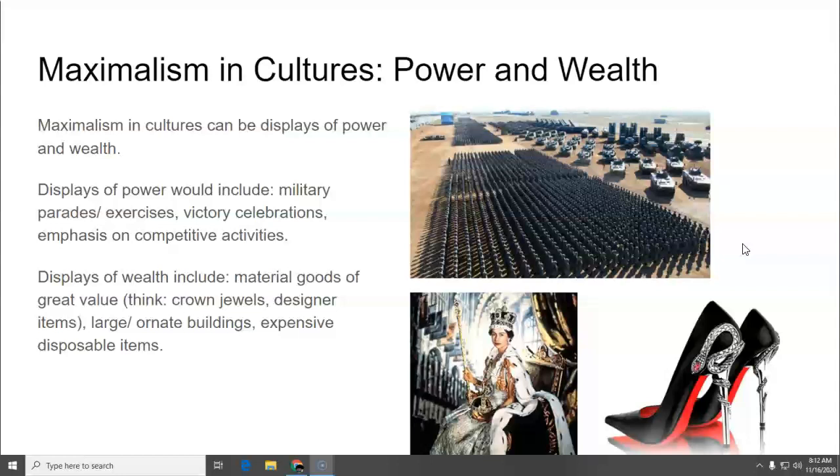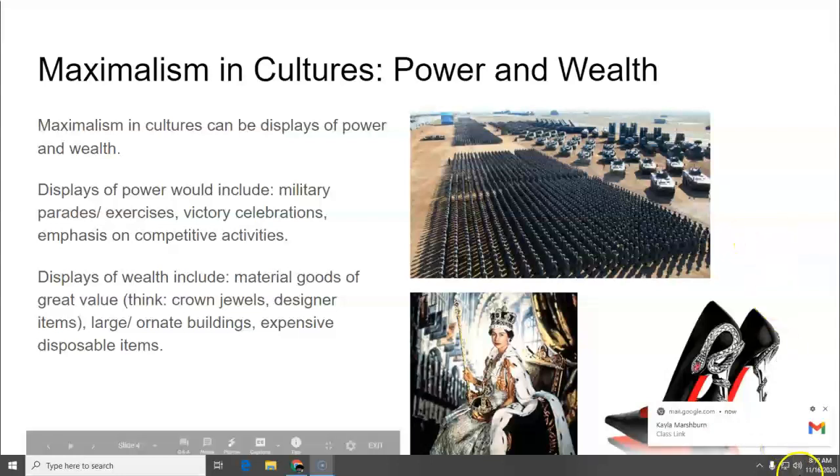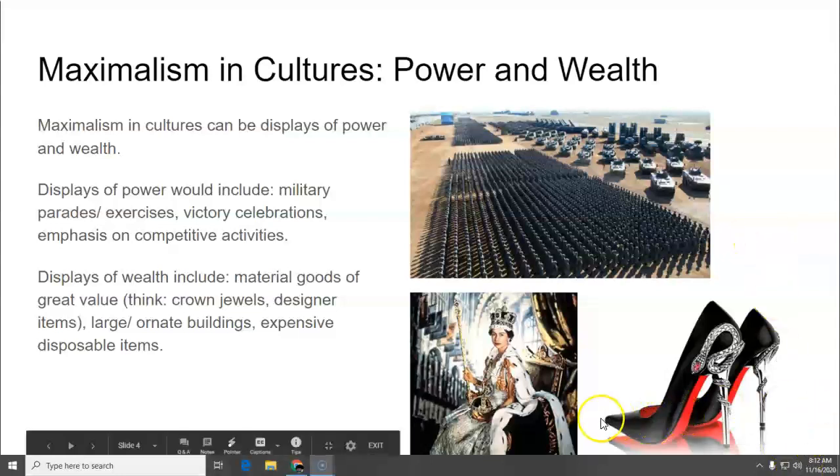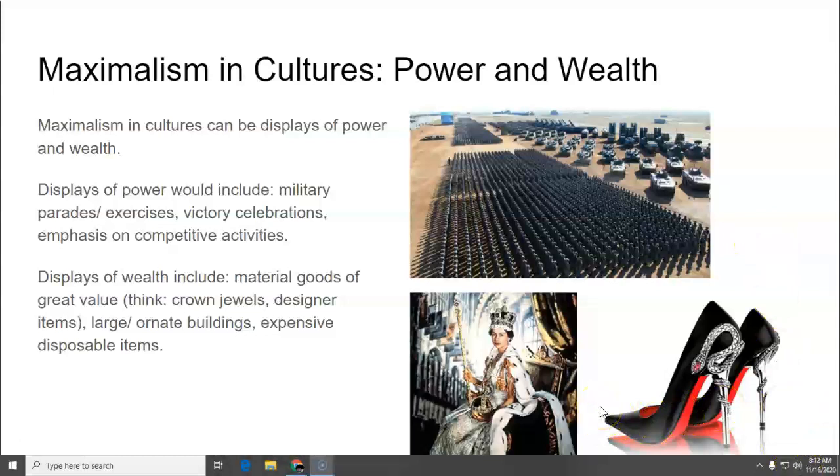So at the bottom, we have one of the portraits of Queen Elizabeth of England demonstrating their excess of wealth. They have not only the throne and the elaborate outfit, but the crown jewels, which is the crown on the head, and the orb and the scepter, and then the ermine cloak.